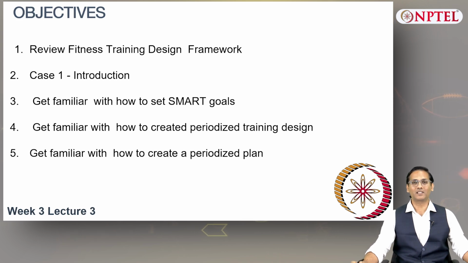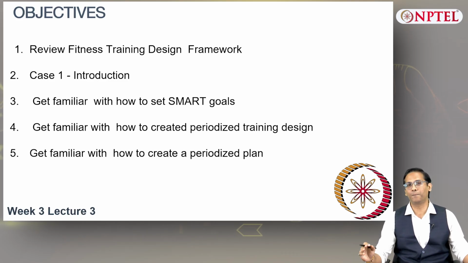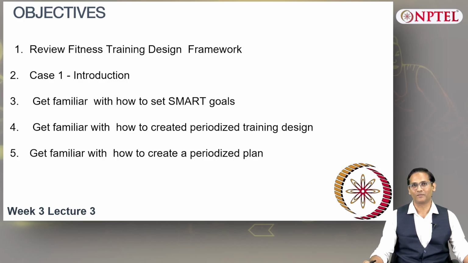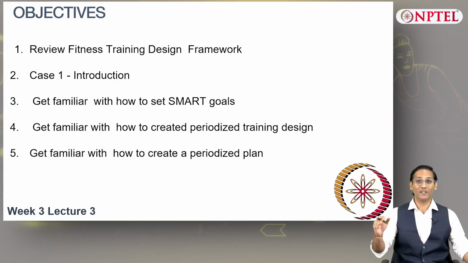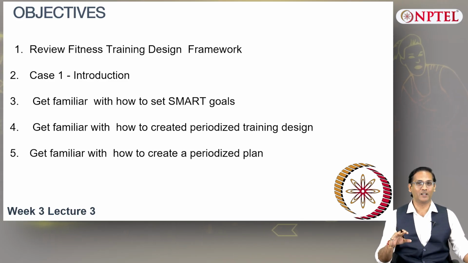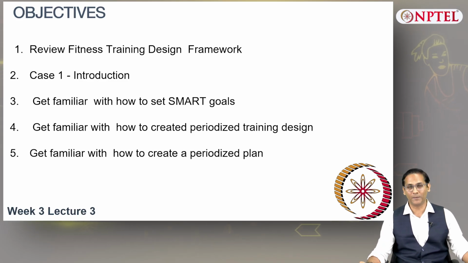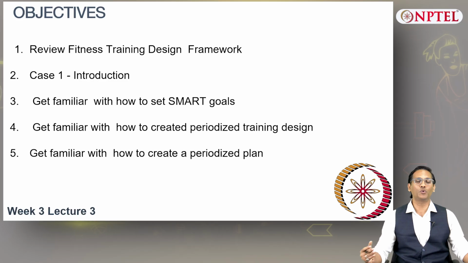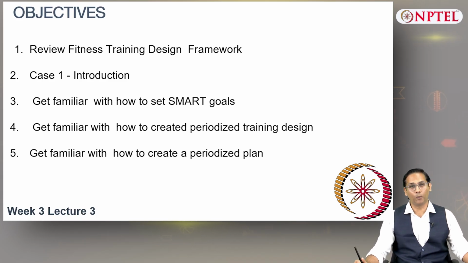Then the third step is to get familiar with how to create a periodized training design. Now, once you have understood the exerciser's background, once you have set the measurable goal, now you create something called periodized training, and this would be demonstrated with both the cases.